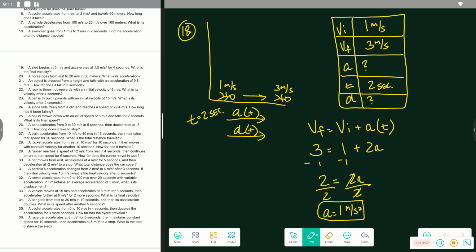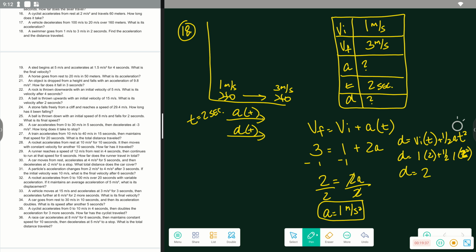Okay. You also have to find what the displacement is. The equation I'm using is D equals VI times T plus 1/2 of A T squared. D equals 1 times 2 plus 1/2 of 1 times T squared. Oh, T squared is 4, sorry. D is going to equal 2 plus, well, what's 1/2 of 1?